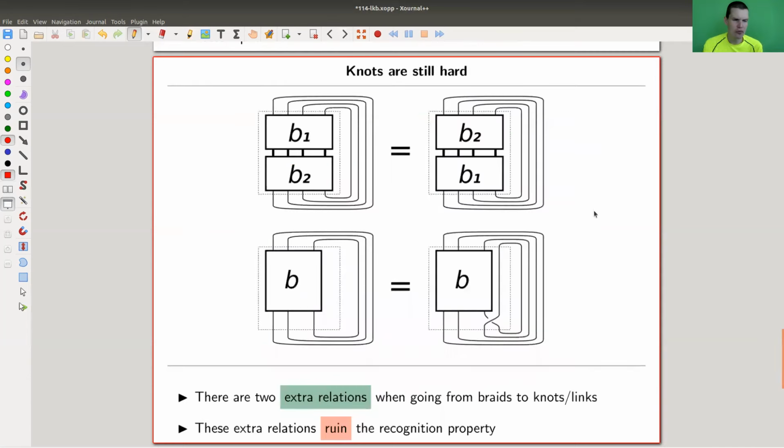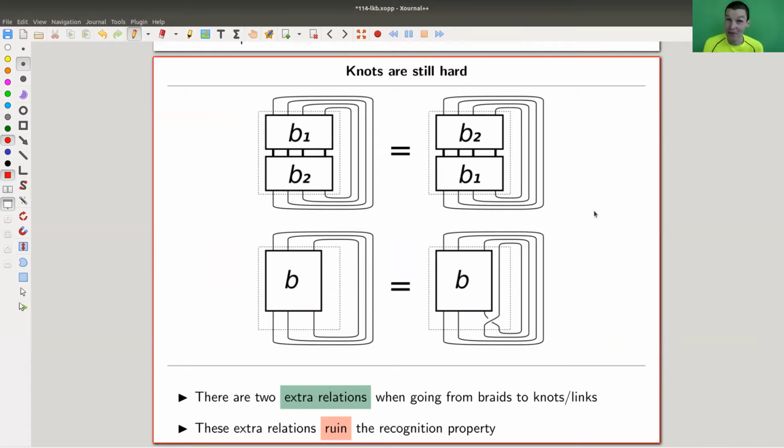And now you might wonder, well, if you can solve the braid recognition problem and we can go from braids to knots, as my very slow program, linked in the description, indicated, I should say that it was probably only very slow because I have some flaw with my Mathematica going on.